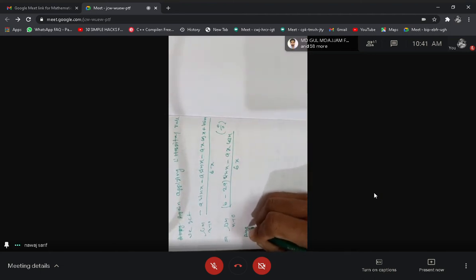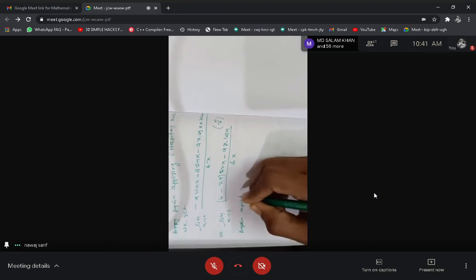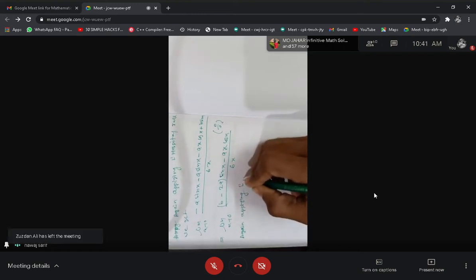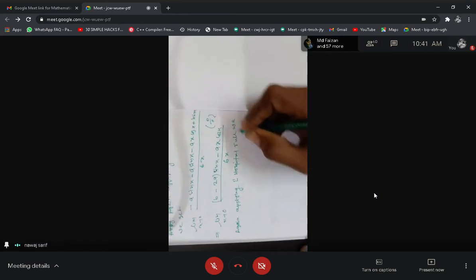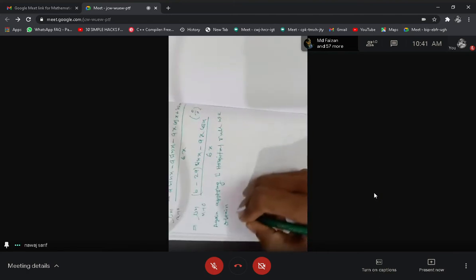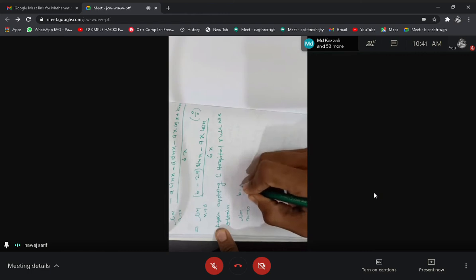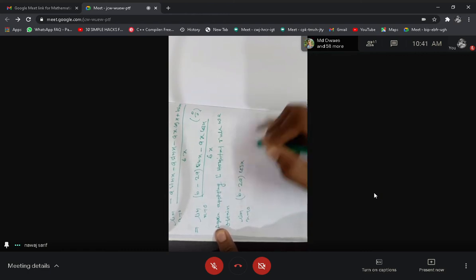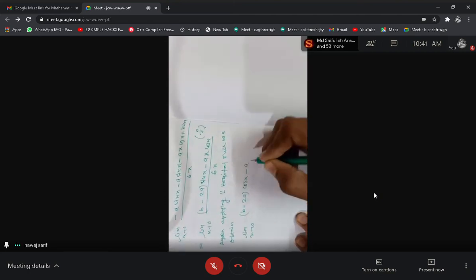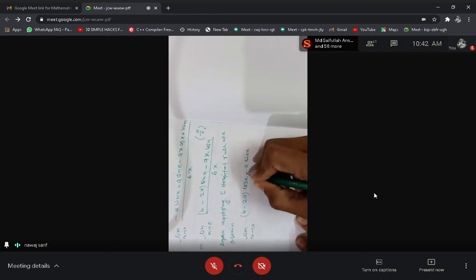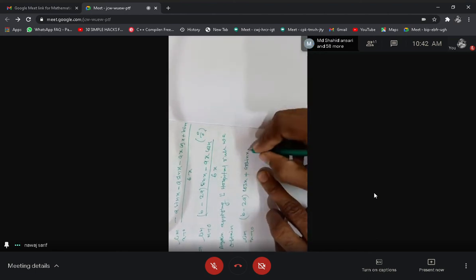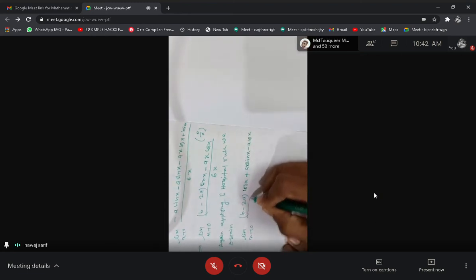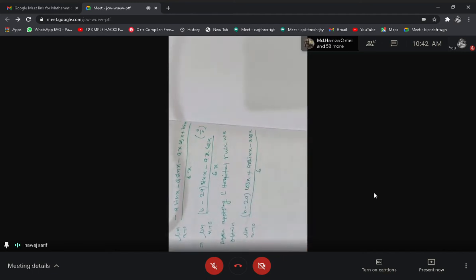Again applying L'Hospital rule, we obtain the limit as x tending to 0 of b minus 2a into cos x, and this one is minus a, then minus ax sin x, and this is minus a cos x, and then divided by 6. Derivative of 6x is 6.